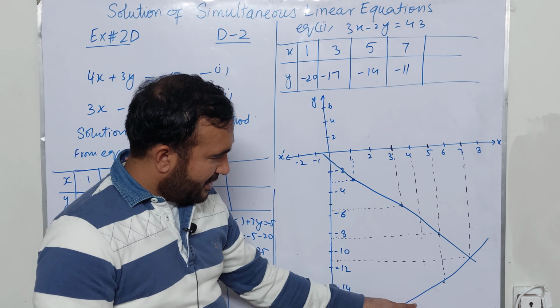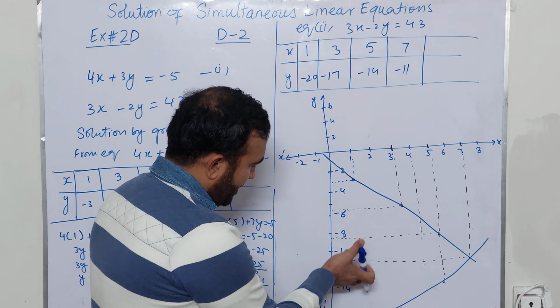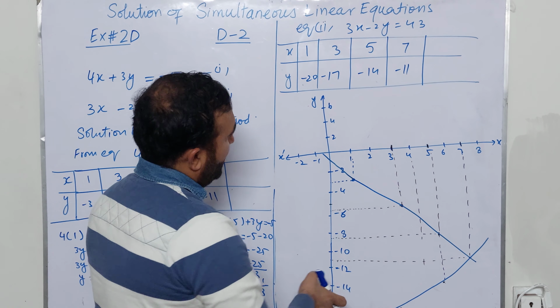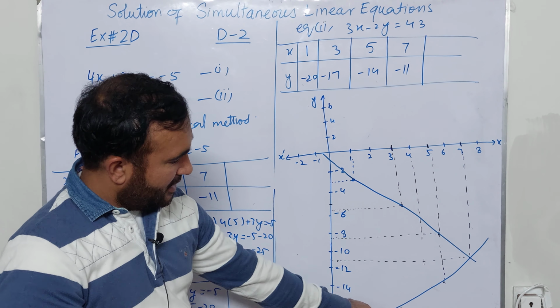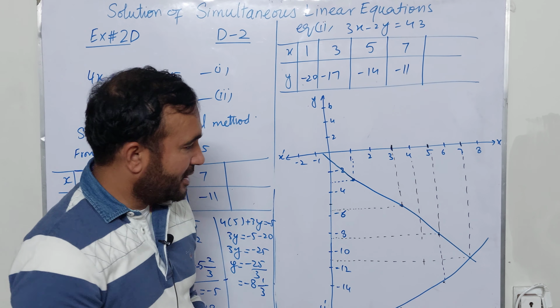This line which is not exactly straight is that way because we didn't have enough space at the bottom to draw exactly minus 20 on the y-axis.